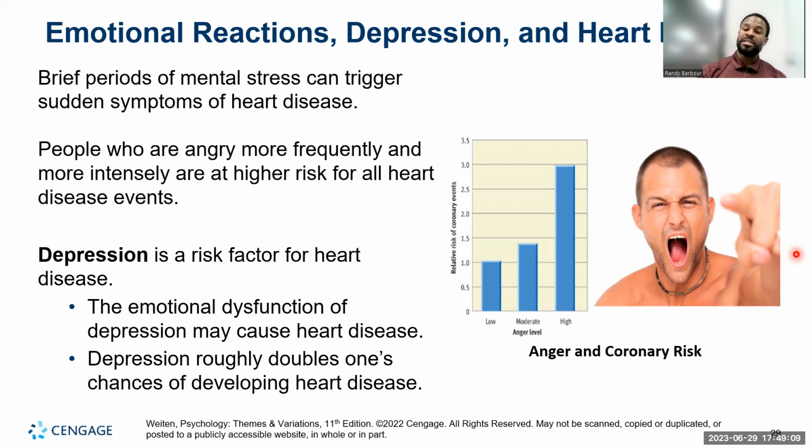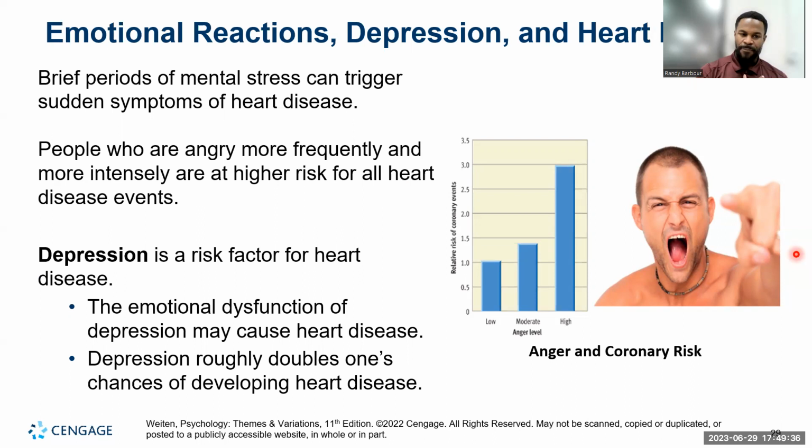When you think about heart disease, we're thinking about a lot of issues that are occurring around the heart, right? So when people get really, really angry, more frequently and with more intensity, they're at higher risk. Have you ever seen a movie where you've got a parent who's yelling at his kid, who's really upset, he's really, really angry, and then he holds his heart because he's going into cardiac arrest, right?